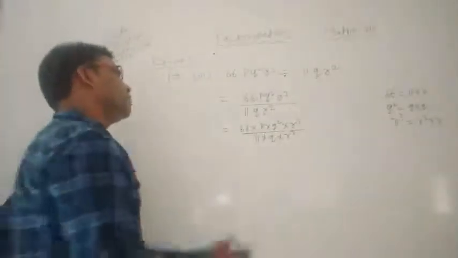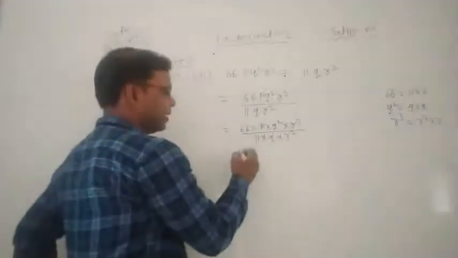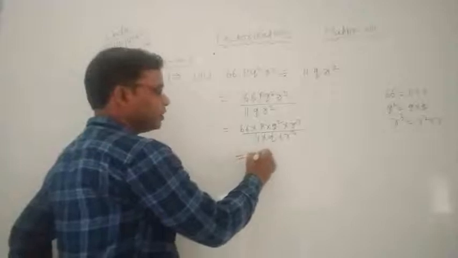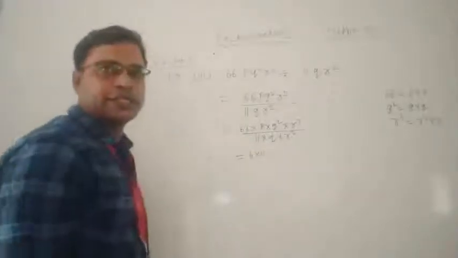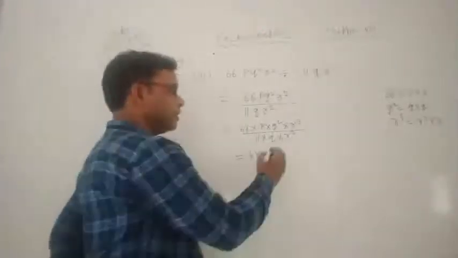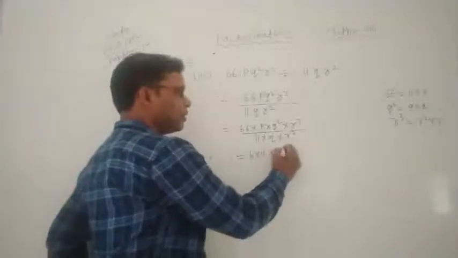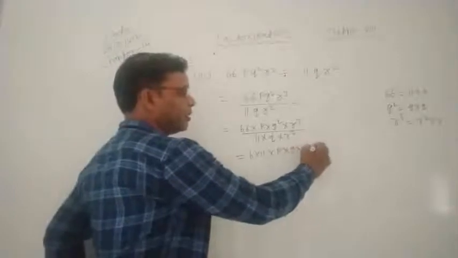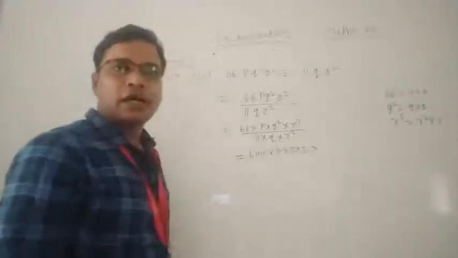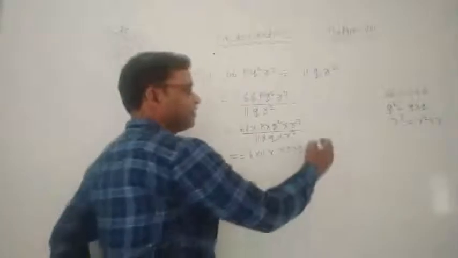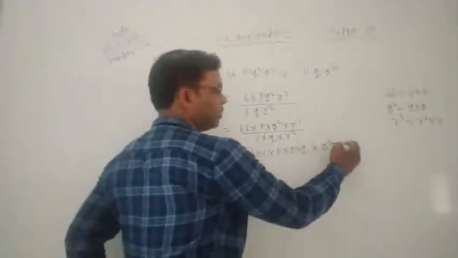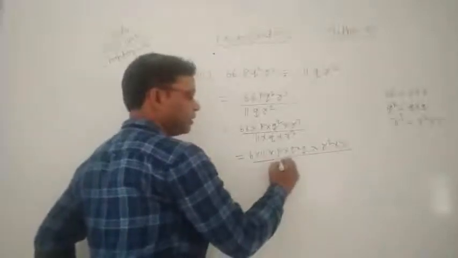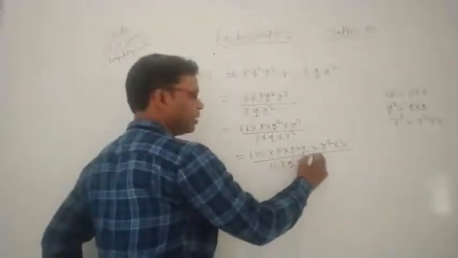So you can solve this question like that. 66 you can write as 6 into 11, and p q square you can write as p into q into q, into r power 3. R power 3 you can write as r square into r, divided by 11 into q into r square.